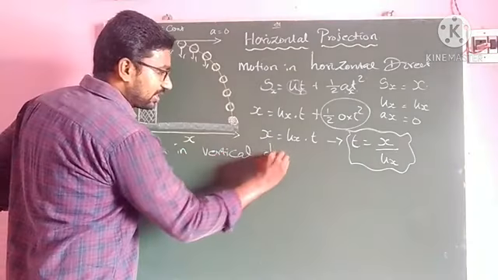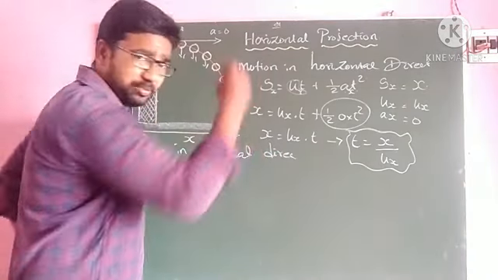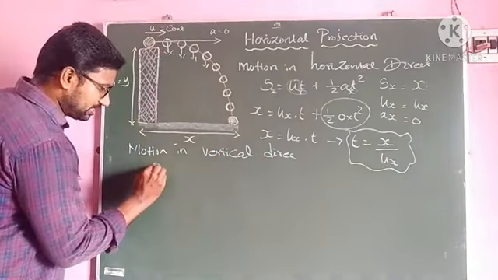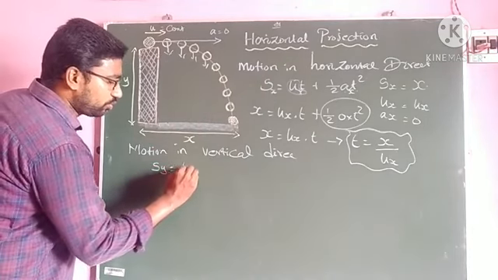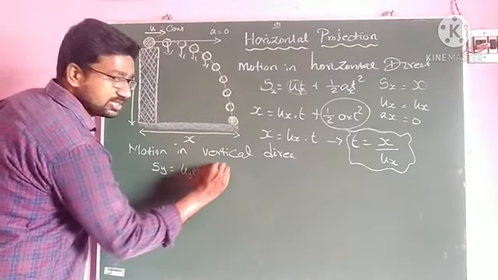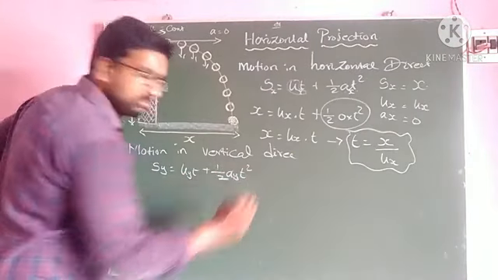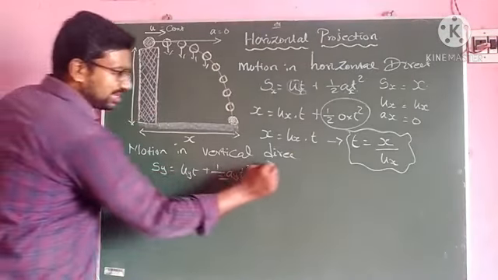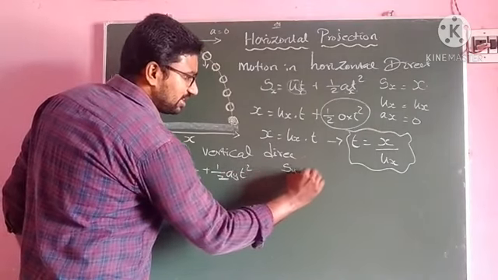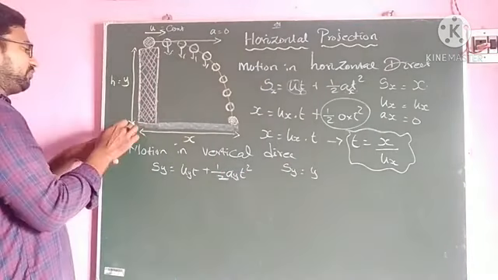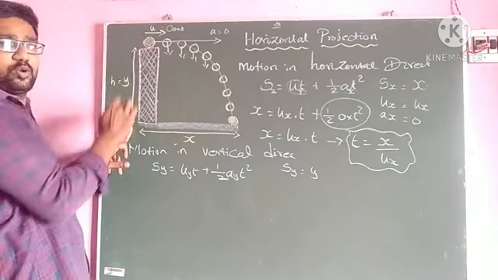Motion in vertical direction. The same formula can be used now. Sy is equal to Uy t plus 1 by 2 Ay t square. Here Sy can be written as the displacement from the foot of the tower to the height of the tower, y.